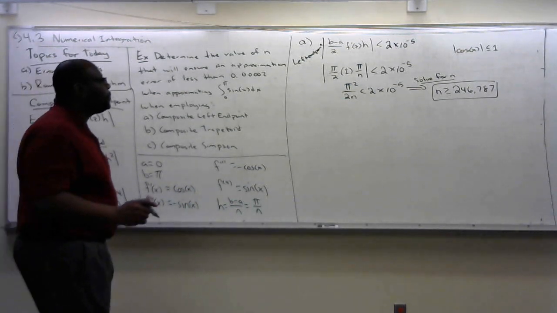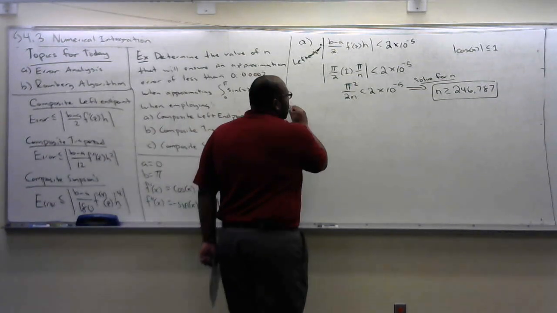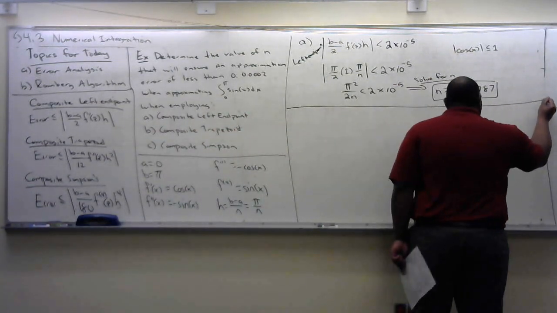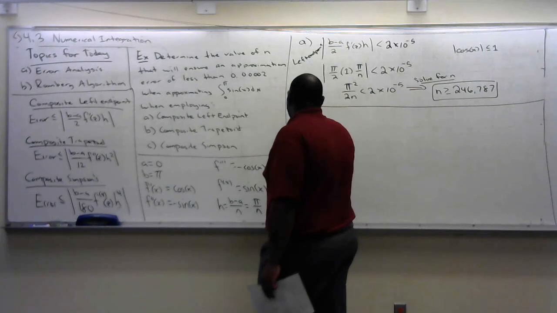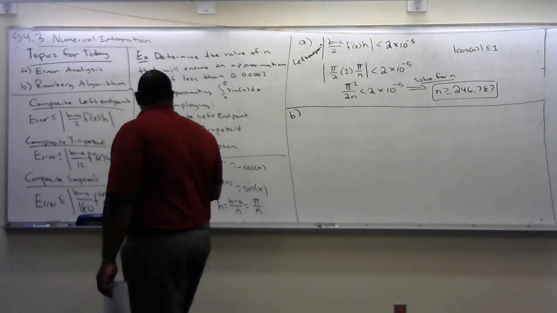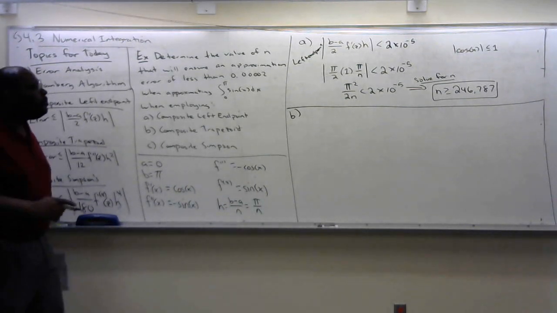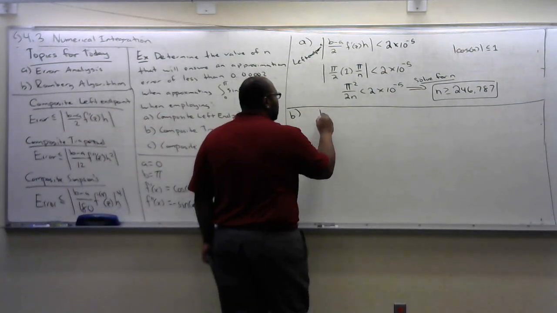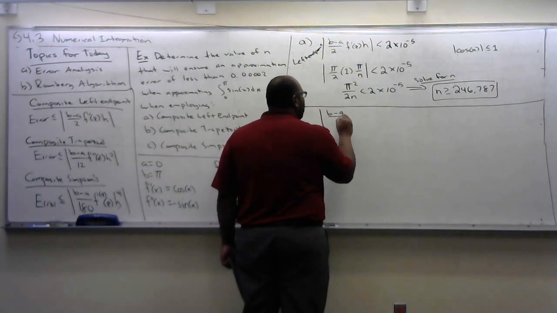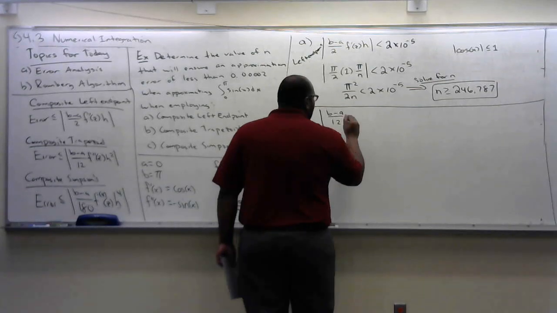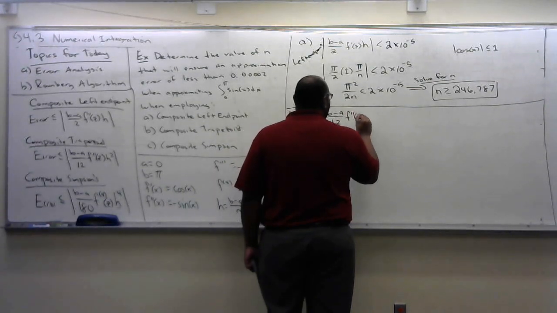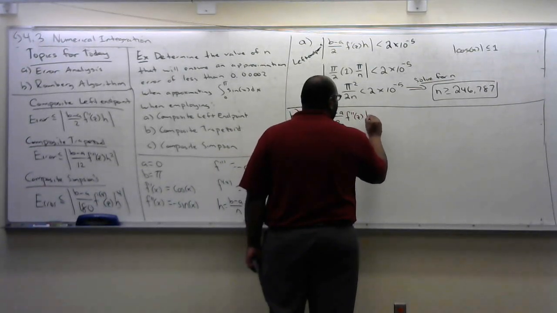What about B? Next one, I want to use the trapezoid rule. Plug it in. It acts very much the same way. I have (b minus a) over 12 times f double prime evaluated at z times h squared.